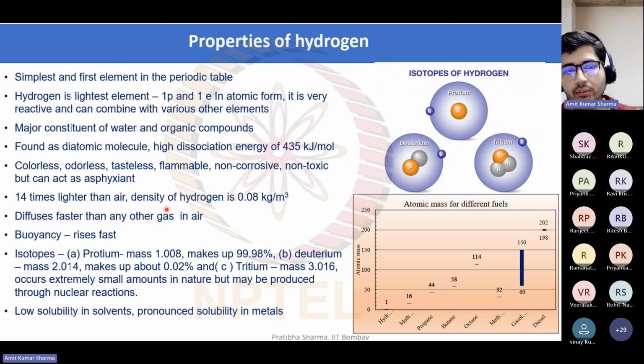This is an important point: the density is very low compared to other fuels. So whenever we talk about hydrogen, this is the major part, because a particular vessel has a fixed volume. To store more hydrogen, we need to compress it to very high pressure, like 600 to 700 bar. So the pressure is a challenge. And if you want to use hydrogen for vehicular applications, that also has challenges. So the density is a major issue.